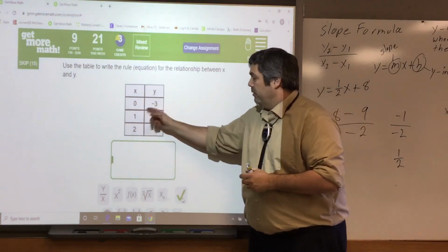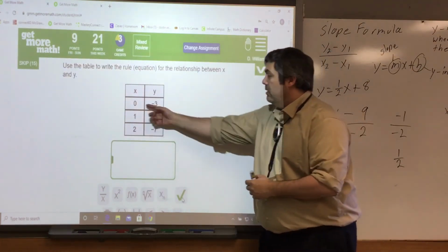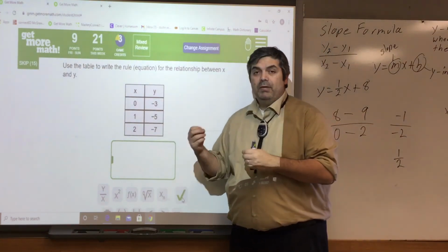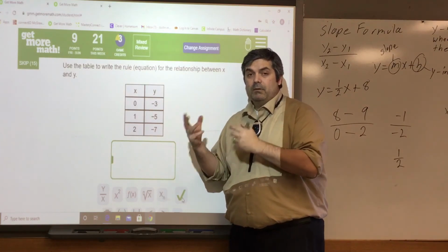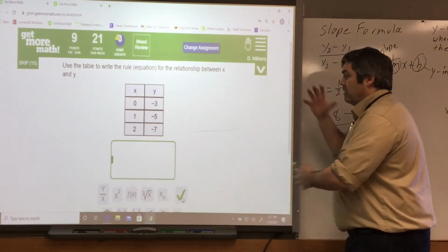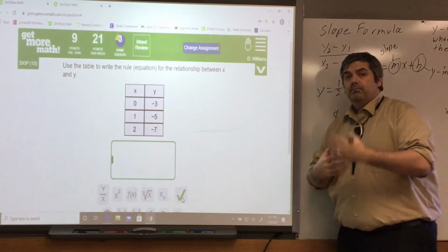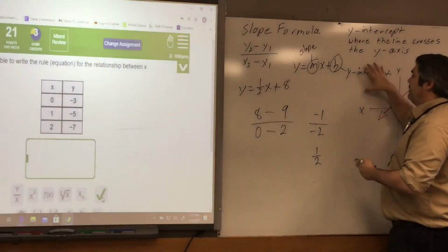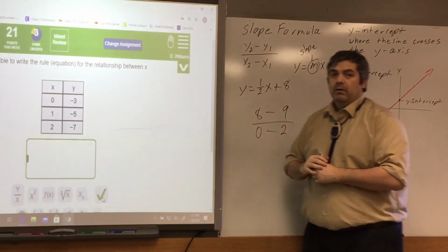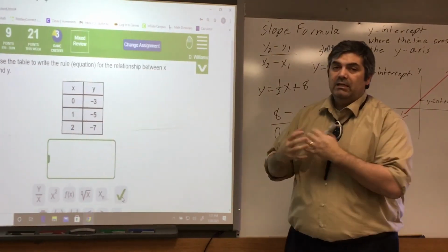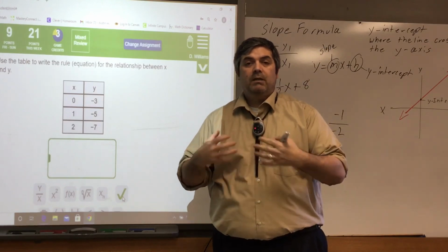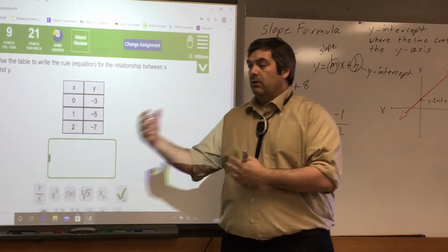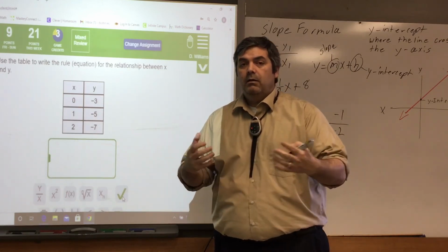I can use this point and this point right here, but I already know that it goes through 0, negative 3. Negative 3 is my b. That's my y-intercept. But it's all the same. Take the 2 points, put them into your slope formula, set them up, and you're off and going. If you need help on this, at this point, you need to be contacting me and saying, how do I go about this? So if you're online, let me know if you're stuck. I don't want you to be stuck.